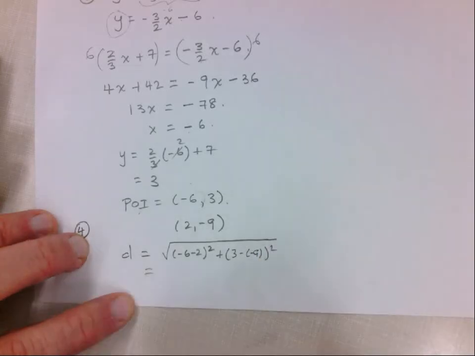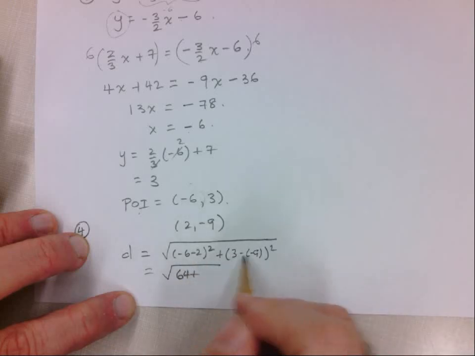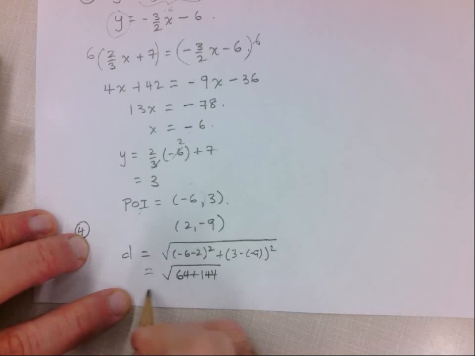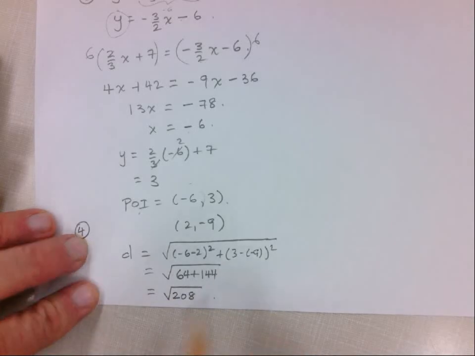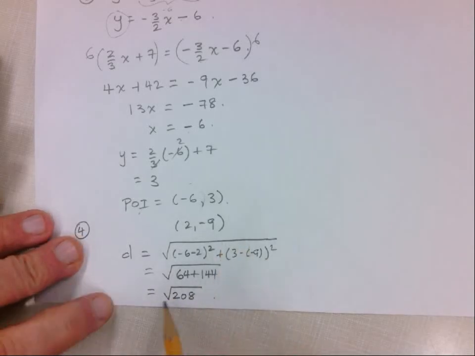That gives us negative 8 squared, which is 64, plus 3 plus 9 is 12, so 12 squared is 144. And so our final answer will be 144 plus 64, which is 208. So the distance between that point and the given line is square root of 208 units.